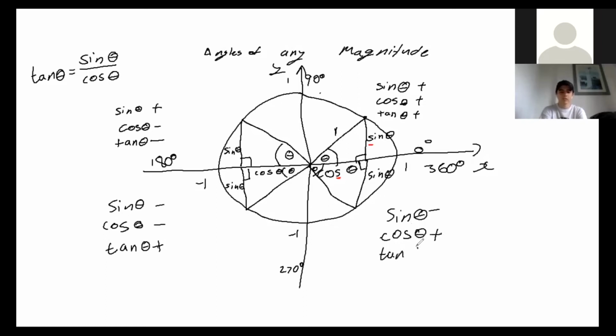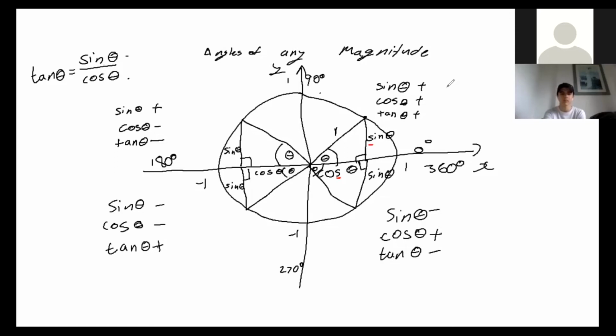What does that mean for tan? It'll also be positive. Will it? So tan is sine theta divided by cos theta. So that divided by that. So it's going to be a negative divided by a positive. And what does that give you? Negative, right?